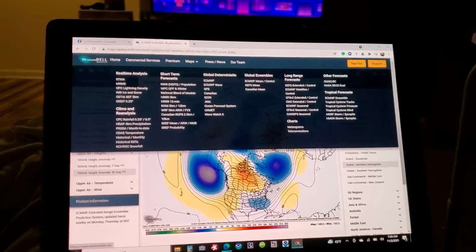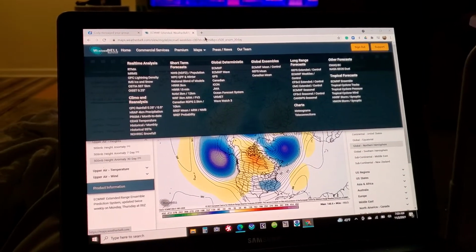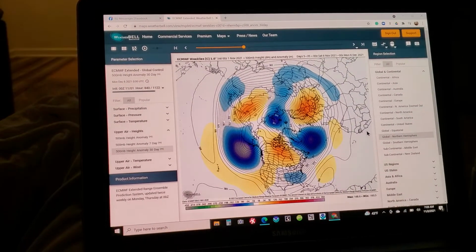So things are, it's weird how the brakes, like it's like the gas brakes in regards to this evolution.